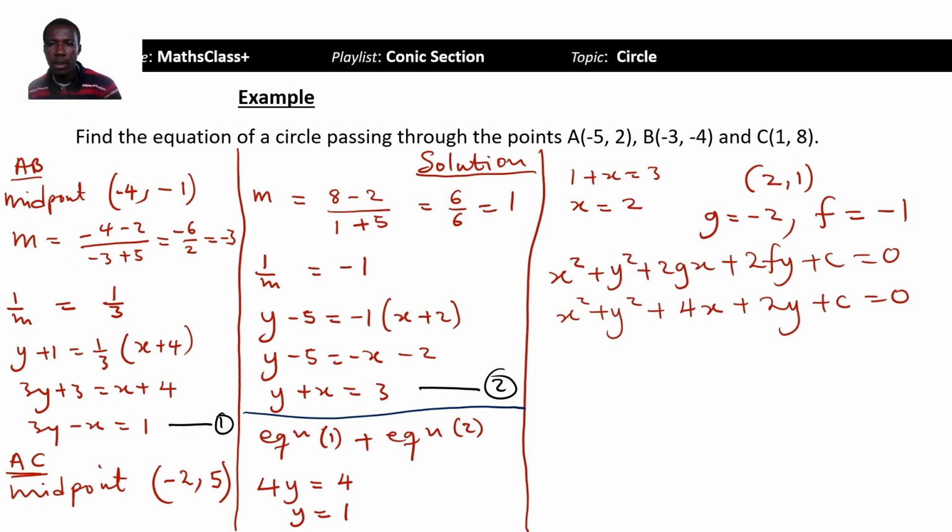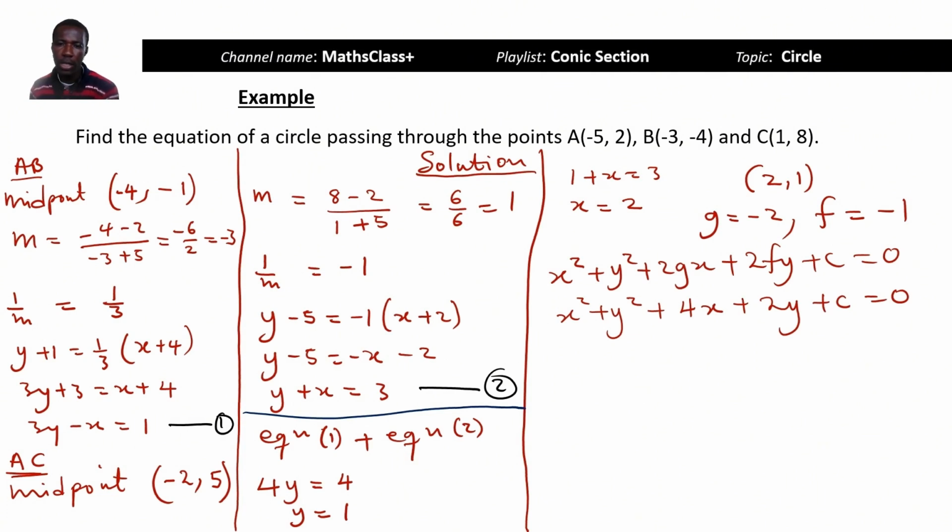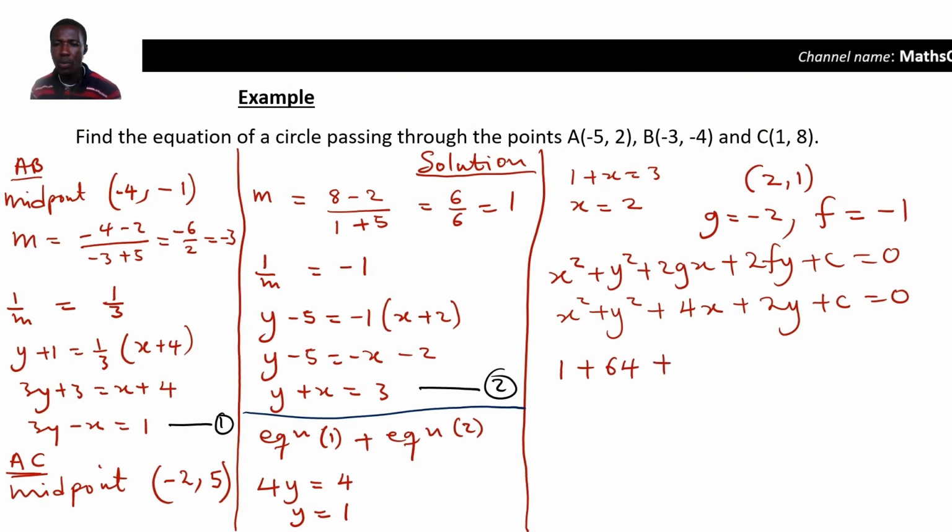Now here, I can choose any of the points given because they are on the circle, they satisfy the equation of the circle. And so when I substitute the point (1, 8), I'll get 1 squared to be 1 plus 8 squared to be 64 plus 4 times 1, which is 4, plus 2 times 8, which is 16, plus c is equal to 0.